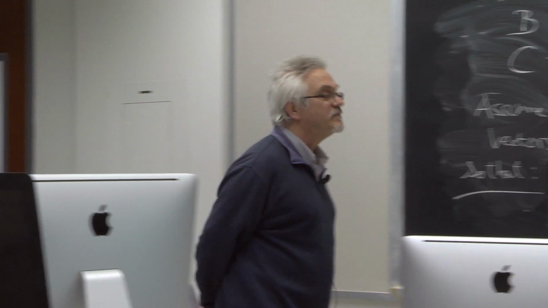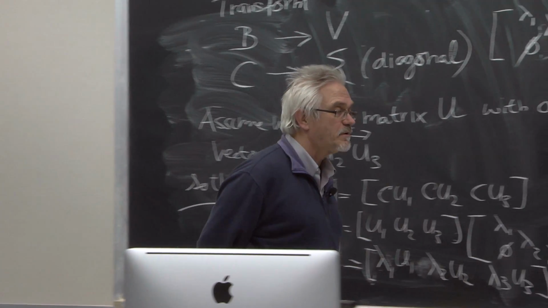And now I can again get rid of the parentheses. Keep in mind that if you have a transpose of an expression in parentheses, you have to change the order.